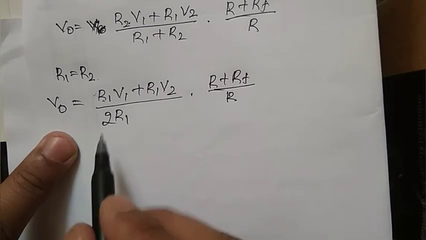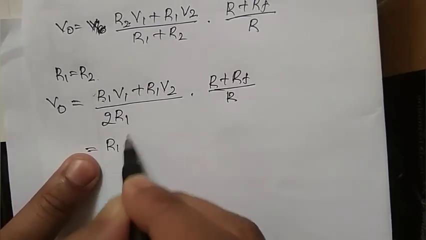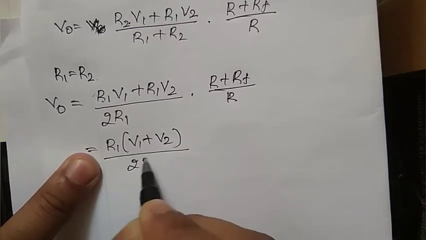Now here you can consider R1 is common: V1 plus V2 divided by 2R1.